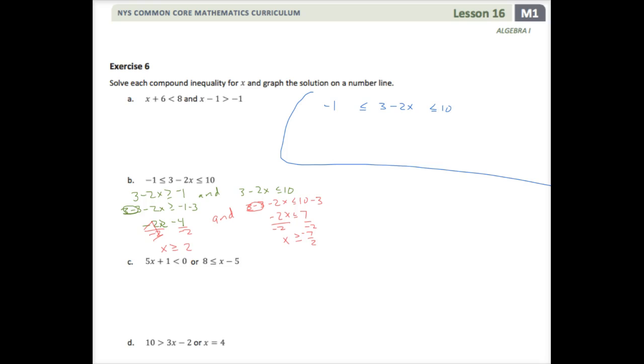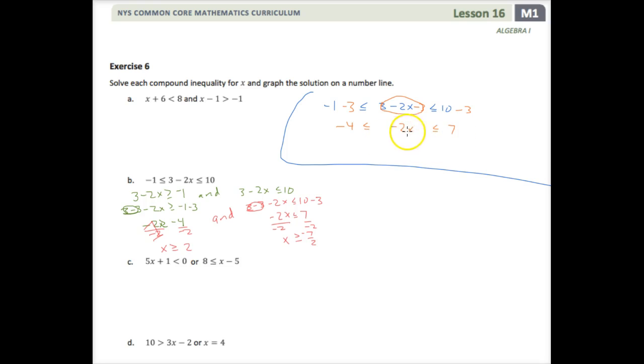Now what I see is I still want to get rid of that 3, so I'm going to go ahead and do that. Minus 3, minus 3, minus 3, here's my zero pair. Notice I'm just doing it in 3 areas. Negative 4 less than or equal to what's left here, negative 2x, surrounded in all its glory by that zero pair, is less than or equal to 7.